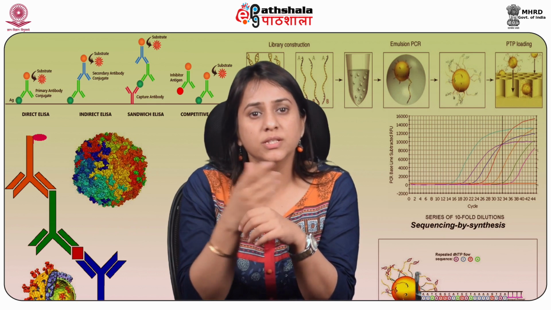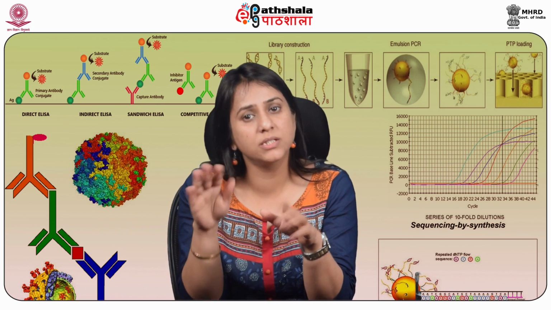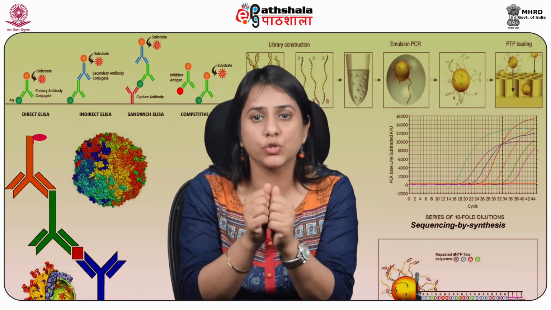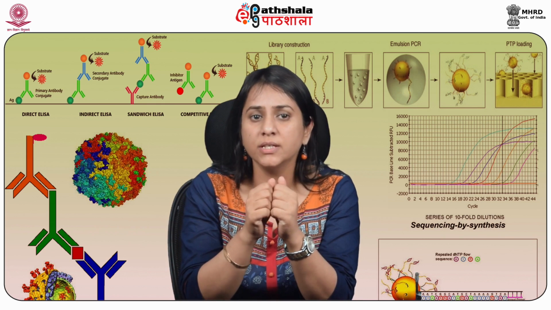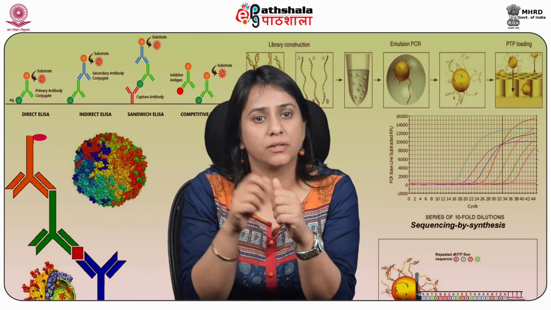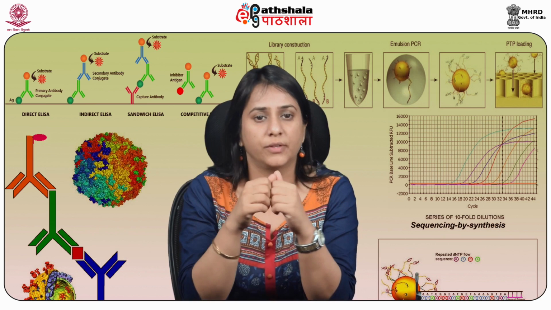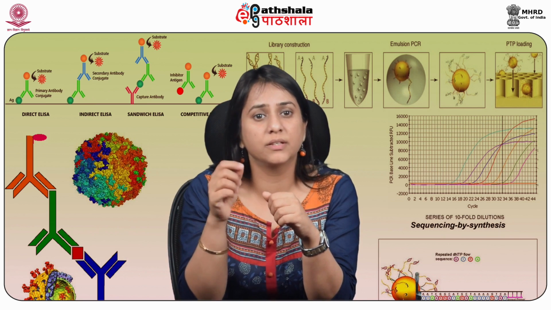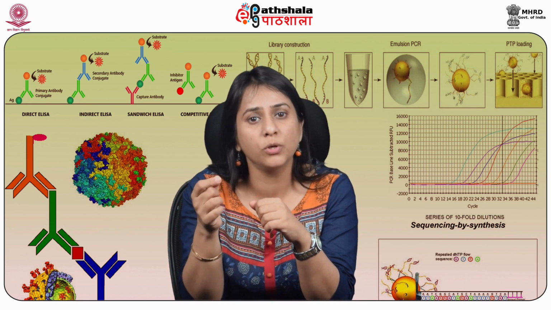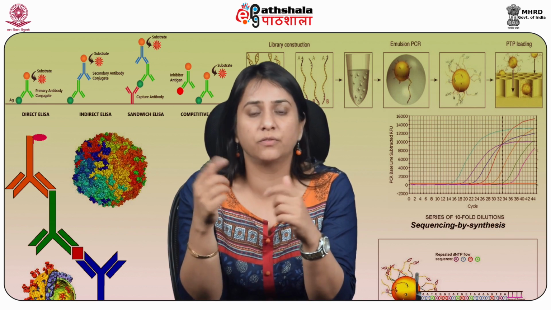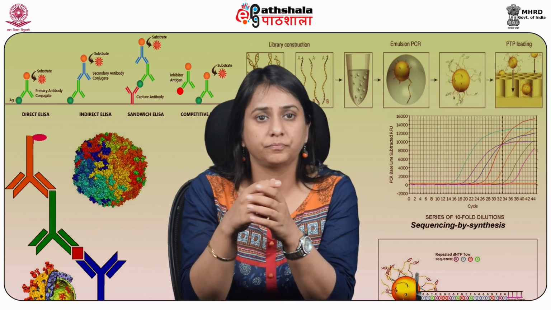In addition to this method, the method which can be easily employed in the laboratory is based upon enzymatic digestion of the nucleic acid. For this, the most commonly used method is restriction fragment length polymorphism, commonly known as RFLP. RFLP determines the variation or polymorphism in a nucleotide sequence to differentiate between two sequences.